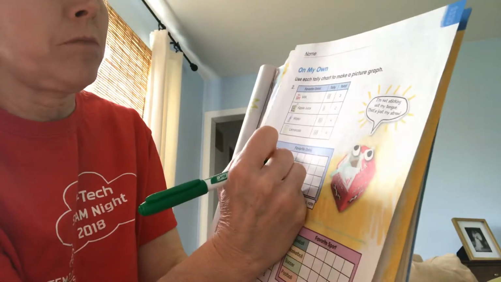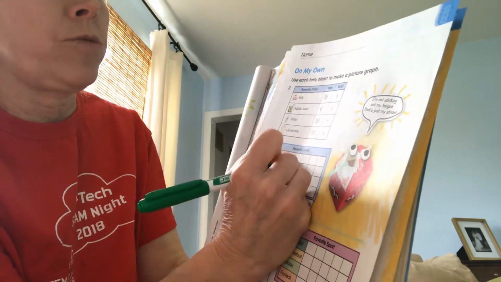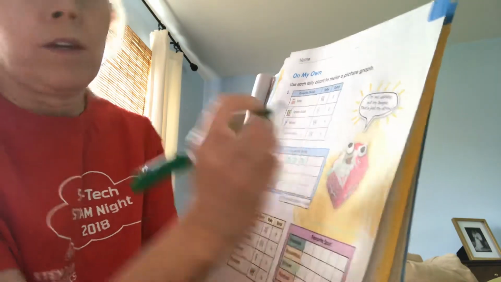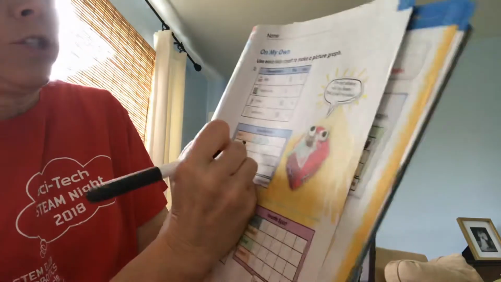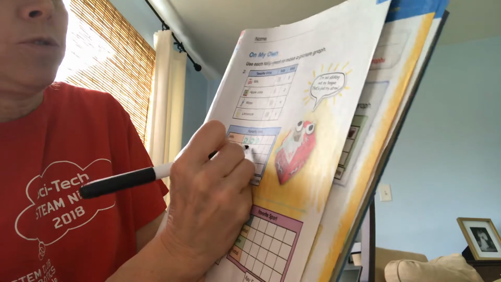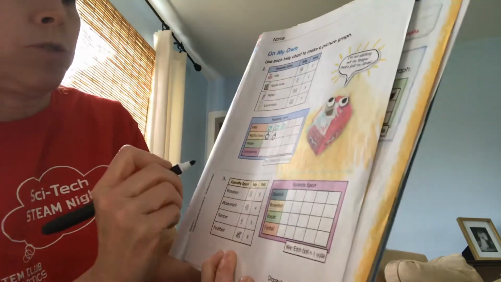So the milk I'm going to make using a green, and we had 3 of those. The apple juice, and I wish I were a better artist, we had 2, and I'm going to kind of draw 2 apples, so it looks like apple juice.